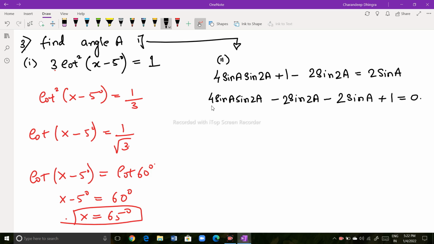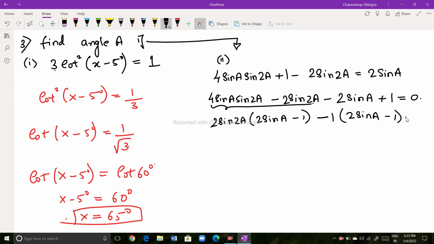Let's take something common from here. So I can take 2 sine 2A common. So what I get is 2 sine A minus 1. And here if I take minus 1 common, I have 2 sine A minus 1. So now I have (2 sine 2A minus 1) into (2 sine A minus 1) equal to 0.